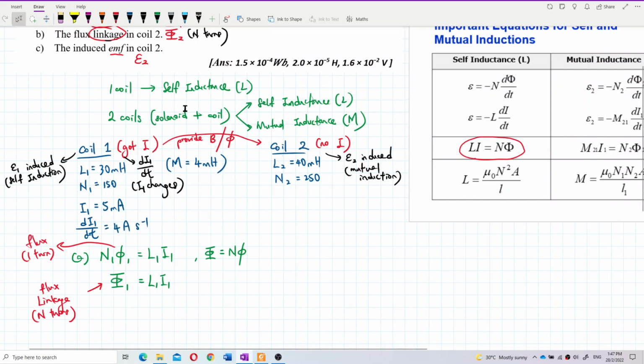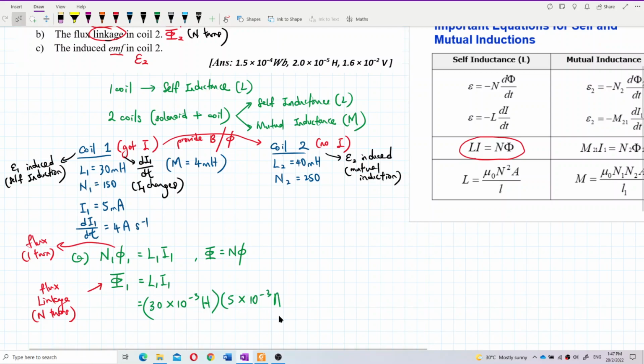All right, now let's do it. L1 is 30 millihenry. 30 milli is exponent -3 henry. And then current I1 is 5 milliampere. Milli is exponent -3, so change to value.